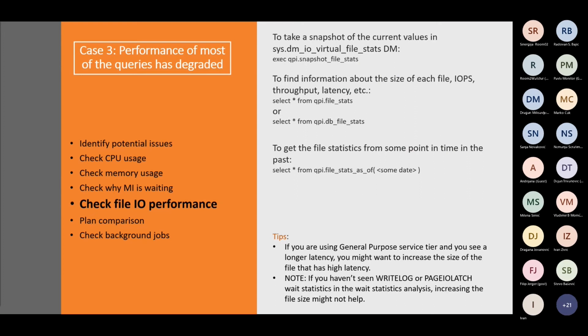Also, the increase of the file size will only work if this is the actual bottleneck, so you should confirm that. If you haven't seen write log or page IO latch wait statistics in the previous step when we talked about wait stats, then increasing the file size might not help.